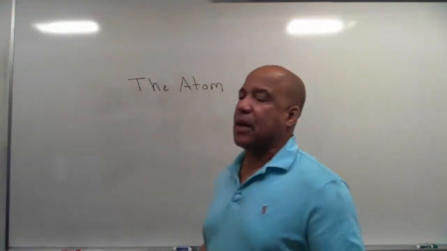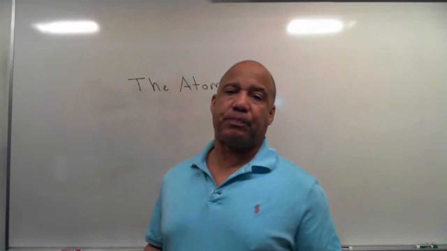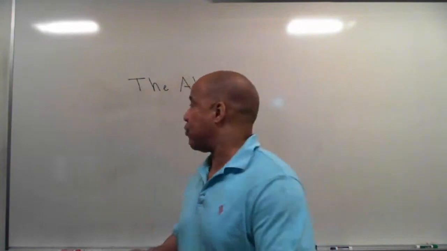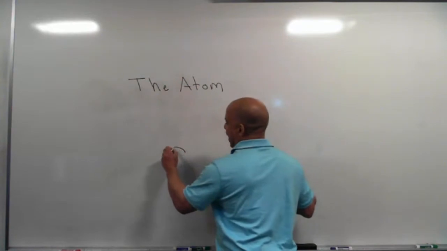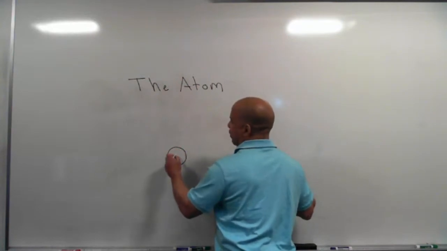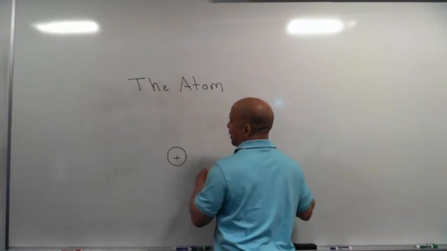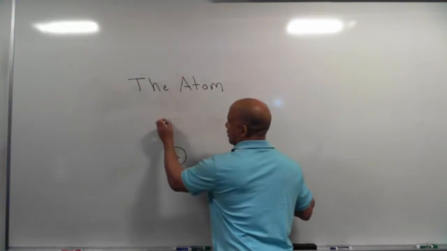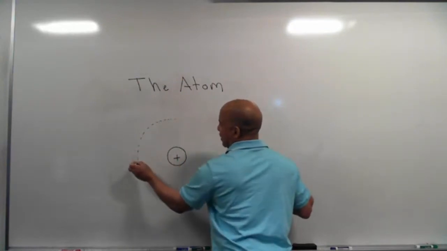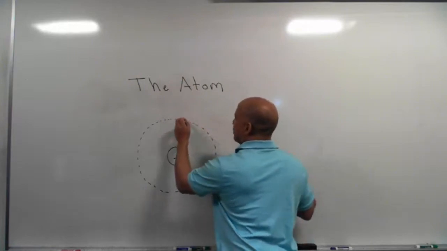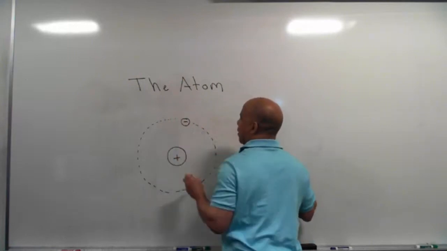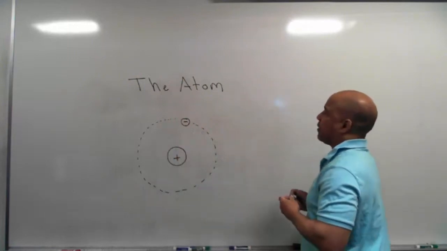So I want to draw the simplest atom that I can draw. The simplest atom contains a positively charged particle in the middle called the proton, and orbiting around it is another little spherical object that has a negative charge, and that's called the electron.